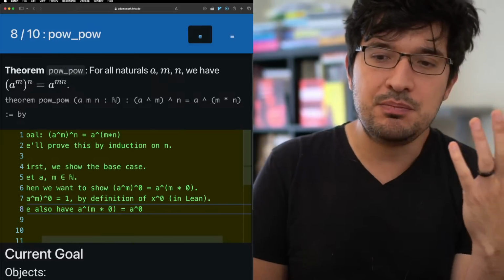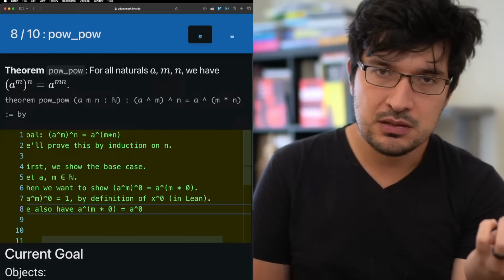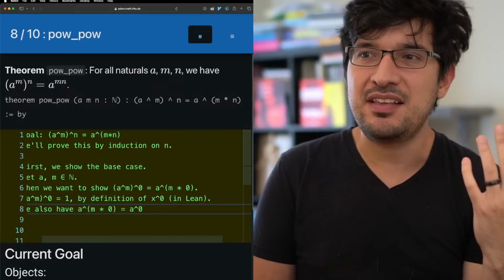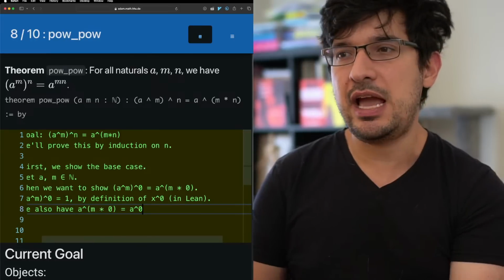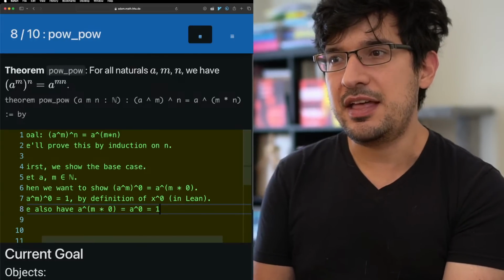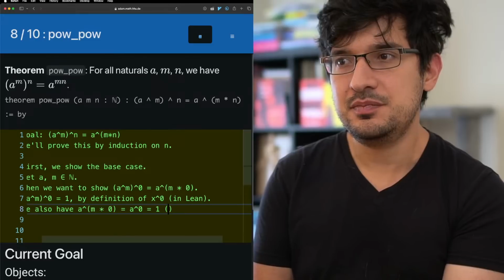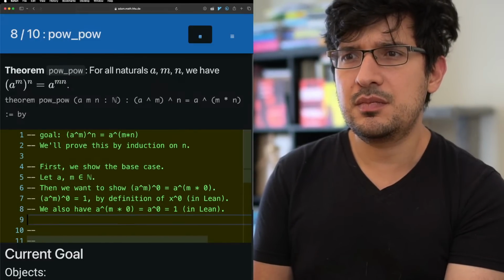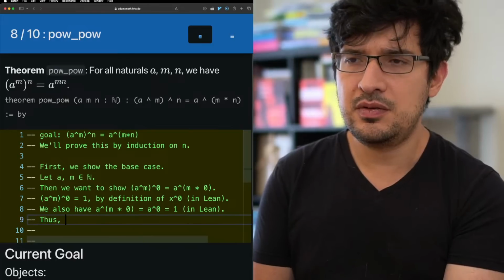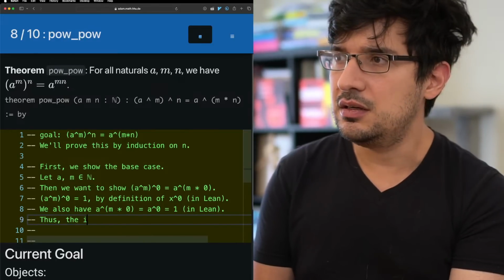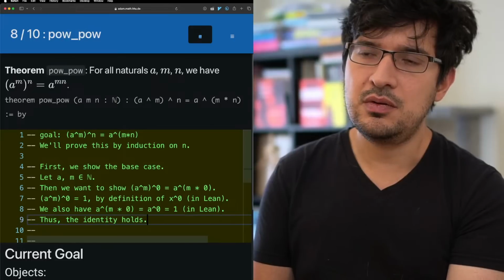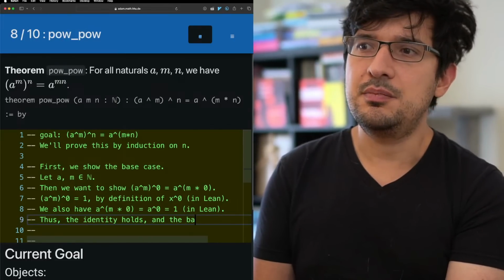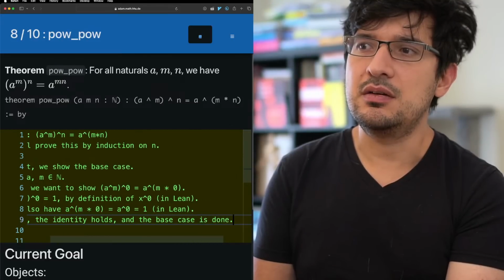In math, you can be a little informal depending on your level of math and depending on the class, but usually this would be okay. And then thus the identity holds, or the equation holds, and the base case is done.